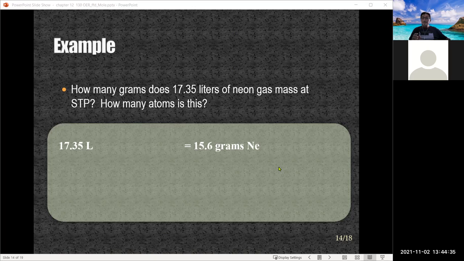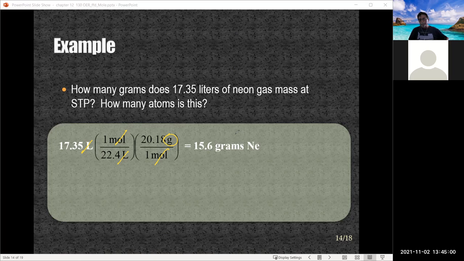More importantly, the units should be grams of neon. So that's what we're looking for unit-wise. And so I set up my conversion factors such that as I check them through, I can see that my liters cancel, my moles cancel, leaving me with the units of grams, telling me I am on the right track.